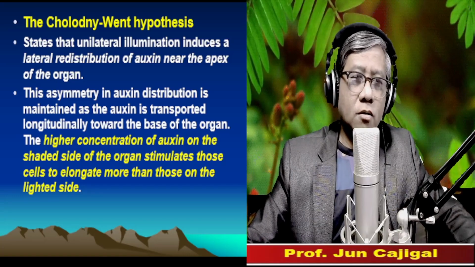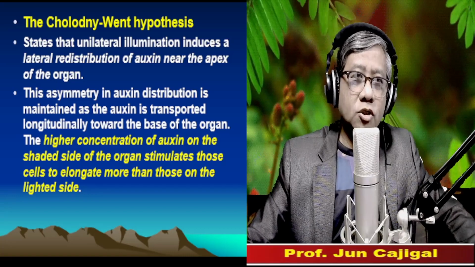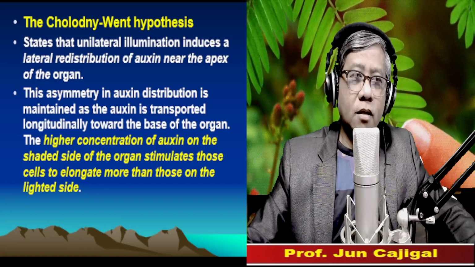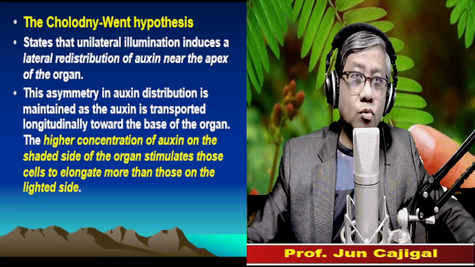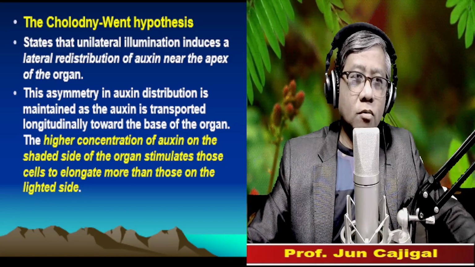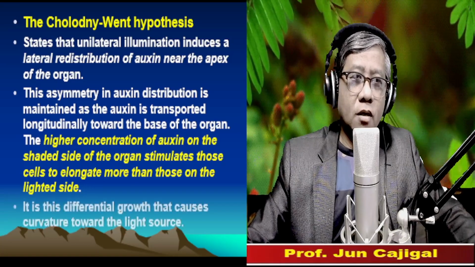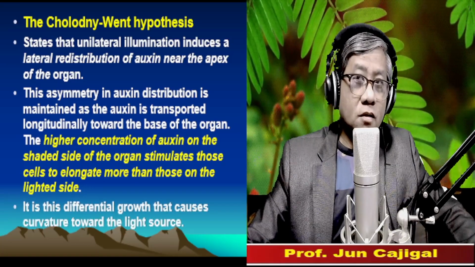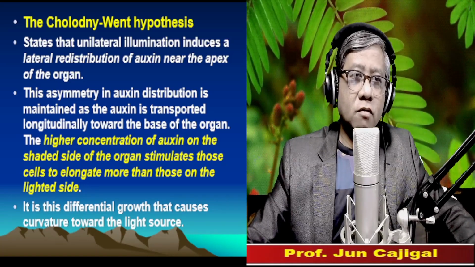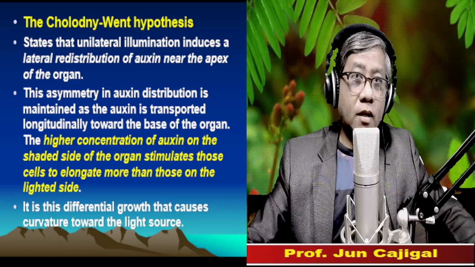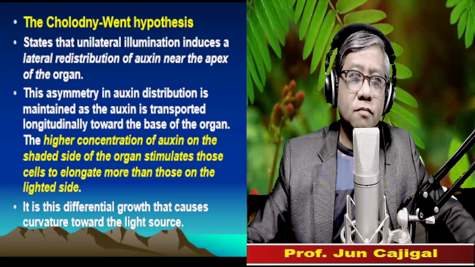The higher concentration of auxin on the shaded side of the plant organ stimulates those cells to elongate more than those on the lighted side. It is this differential growth that causes the curvature of that plant organ towards the light source.